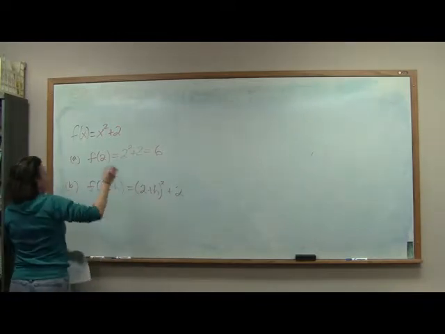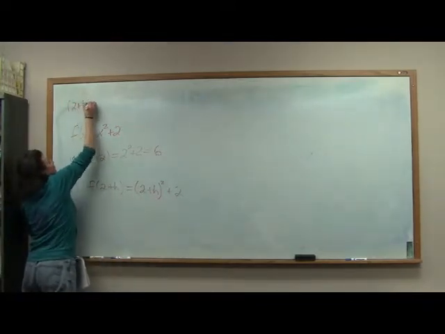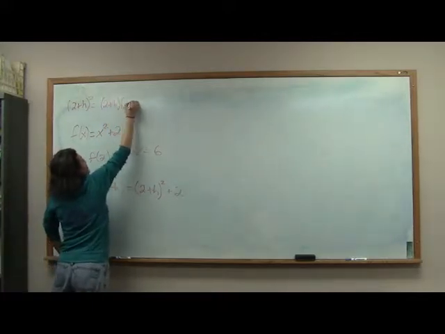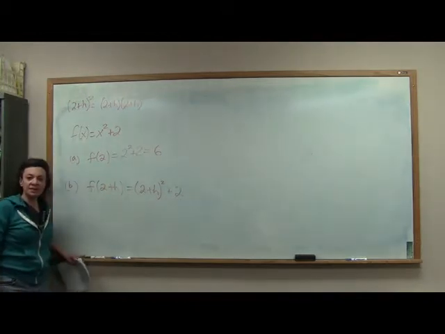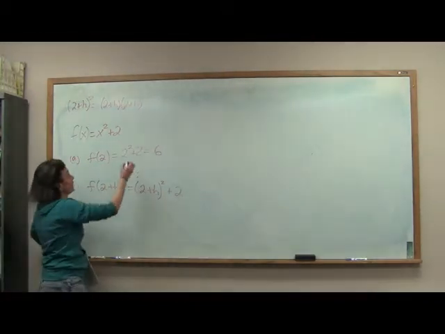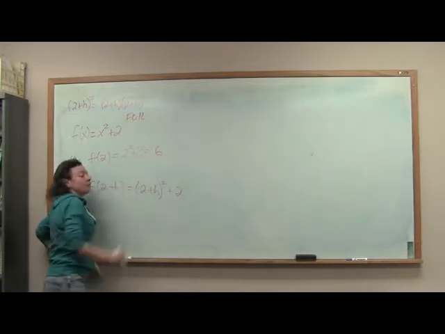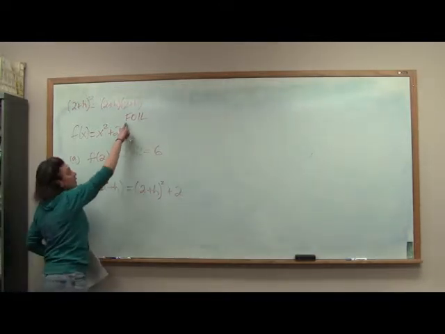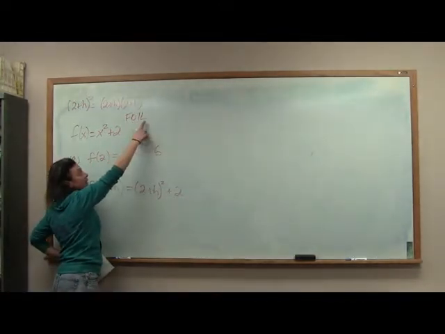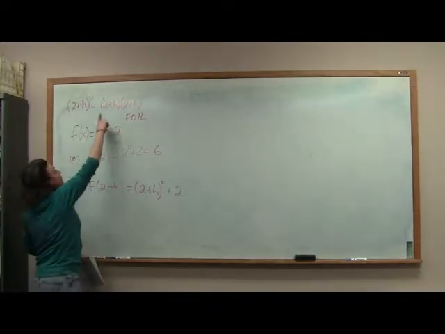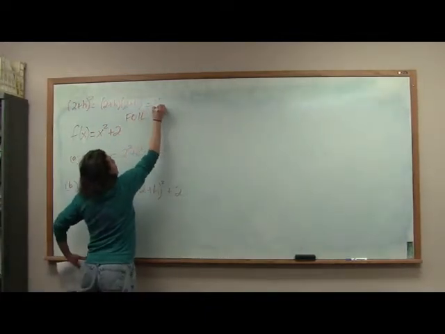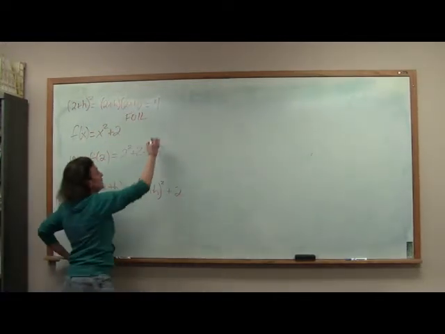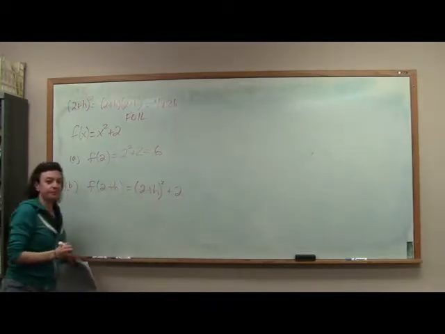Okay? Well, 2 plus h quantity squared, that means we take 2 plus h times 2 plus h. Right? When you square something, you multiply it by itself. Hopefully you remember your FOIL technique. Remember, that tells you the order in which you multiply your terms. First, outside, inside, last. If I multiply my first terms, I get 4. Now if I multiply my outside terms, 2 times h is 2h.